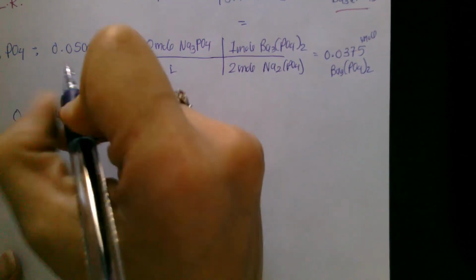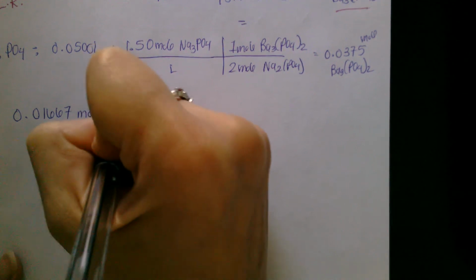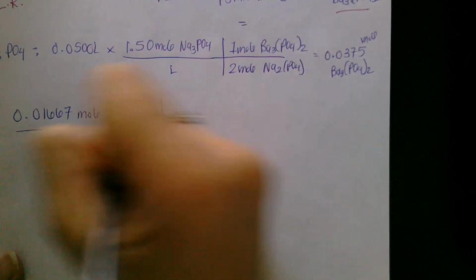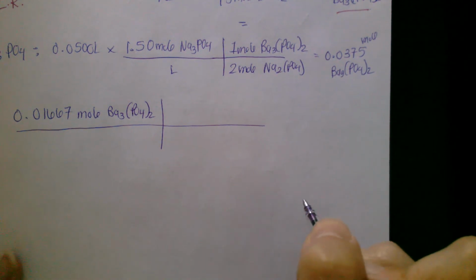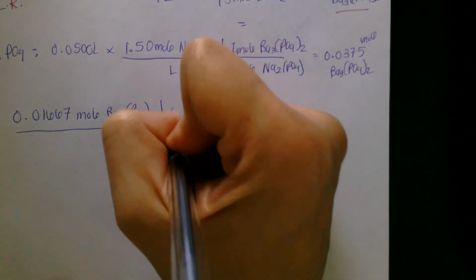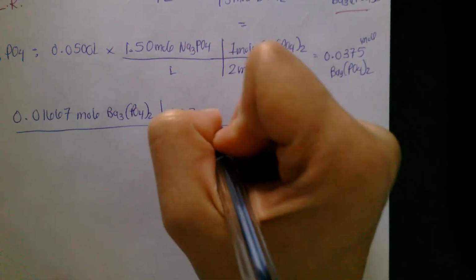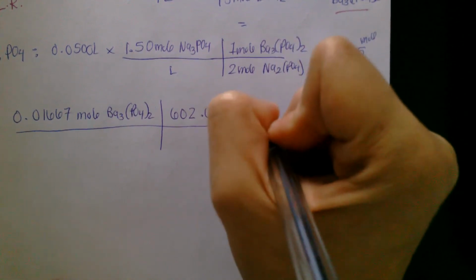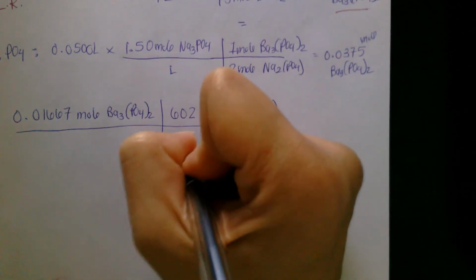So we're going to take the moles and multiply it by barium phosphate's molar mass, which is quite large. It is a nice whopping 602 grams of Ba3(PO4)2 for every 1 mole.